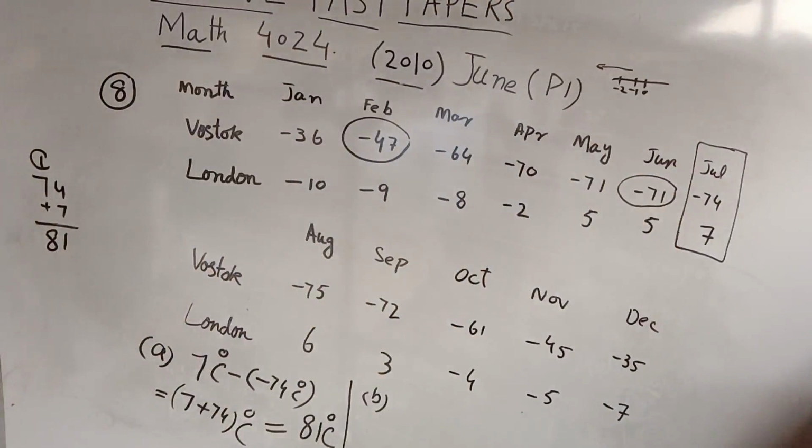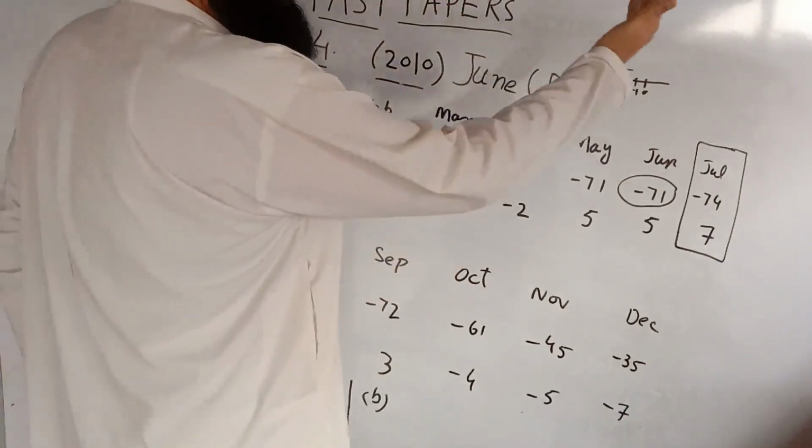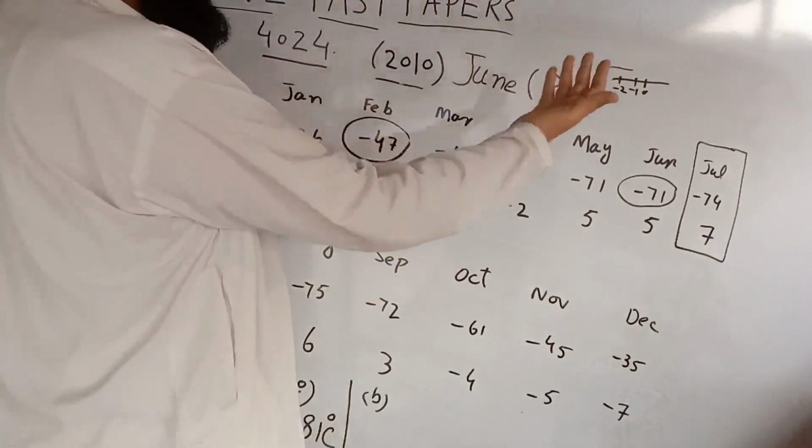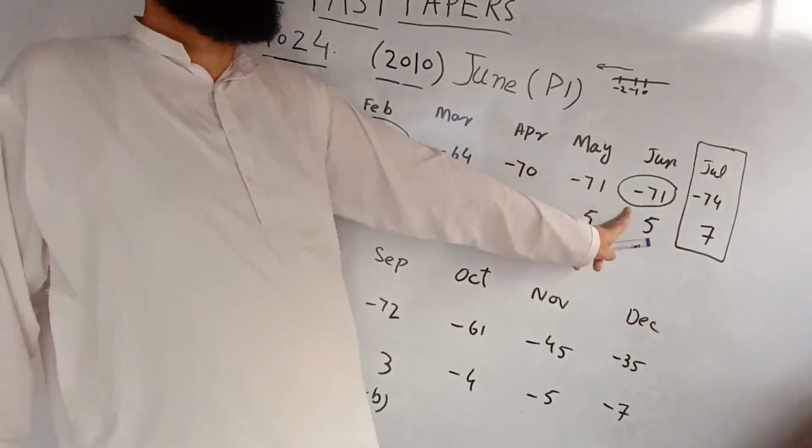Again we will have to subtract the smaller number from the bigger number. Here again minus 47. Minus 47 will be towards the right hand side on the number line. Therefore minus 47 is bigger than minus 71.